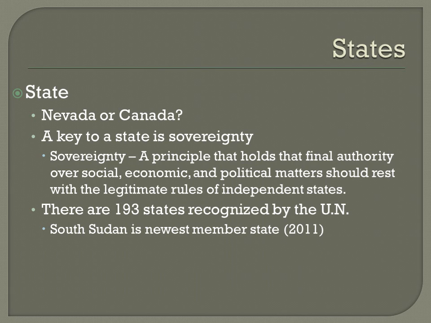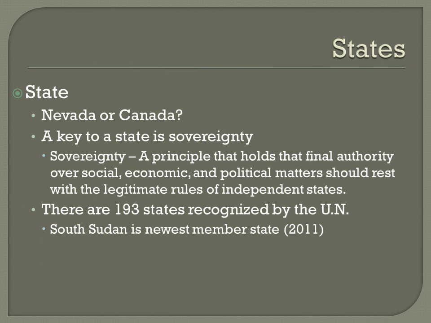A state has a defined territory, a permanent population, a government, and is recognized by other states. They have sovereignty. And so those are the 4 characteristics of the state, okay? And that is a defined territory, a permanent population, a government, and sovereignty. Those are very important characteristics.